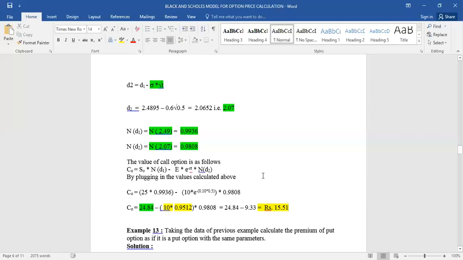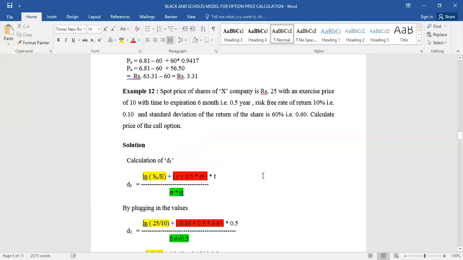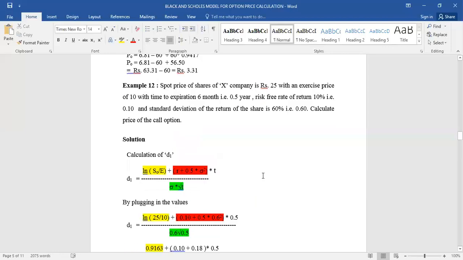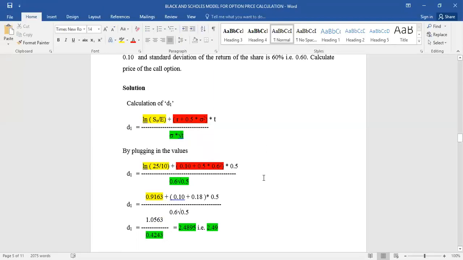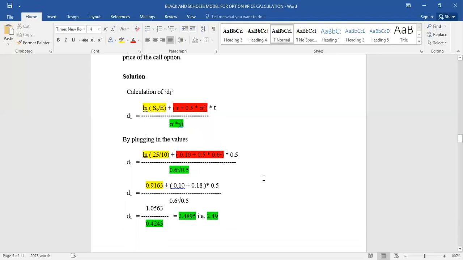Let me give a quick recap. We were given spot price of the share 25, exercise price of the call option rupees 10, term to expiry 6 months, risk-free rate 10%, volatility, that is standard deviation, 60%. We first calculated D1 using this formula, and the value of D1 came out to 2.4895, rounded off to second decimal place 2.49.